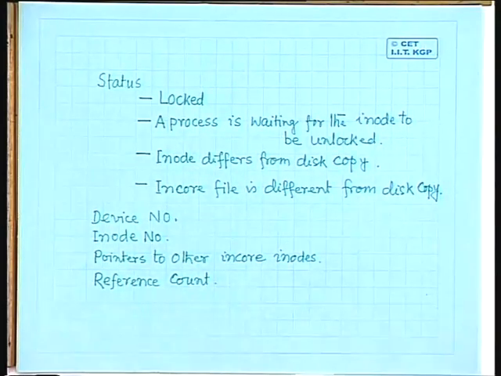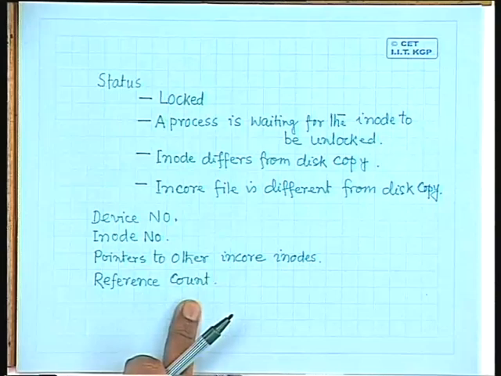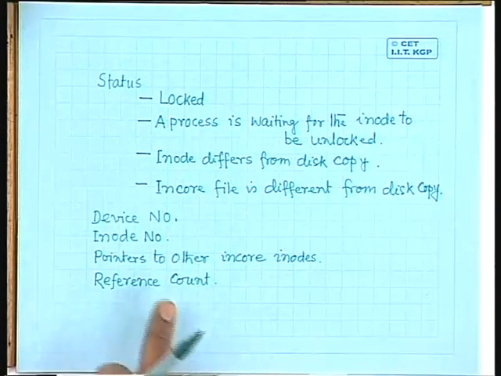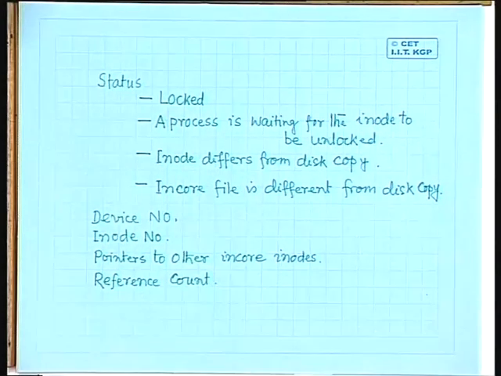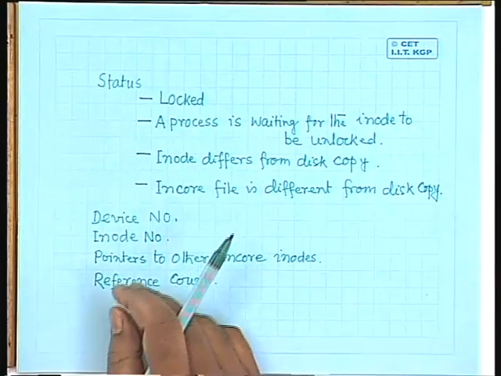But in case of an inode, even if the inode is unlocked, only when the reference count field is equal to 0 can I put it onto the free inode list; otherwise I cannot. Other management will be almost similar to what we have discussed in case of buffer cache.